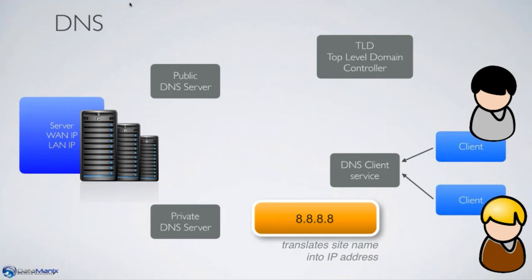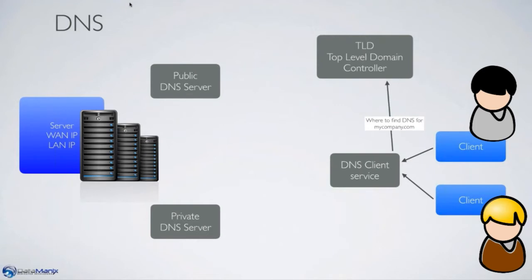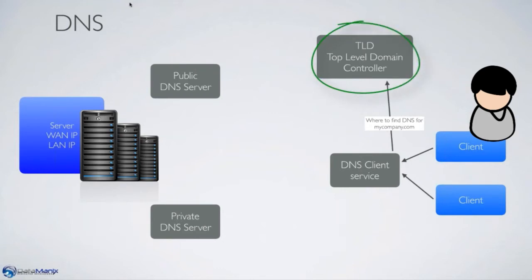So first of all, our client is asking for the IP address of mycompany.com, and it's asking the DNS client service. The DNS client service is asking the top-level domain controller for where to find DNS information about mycompany.com.